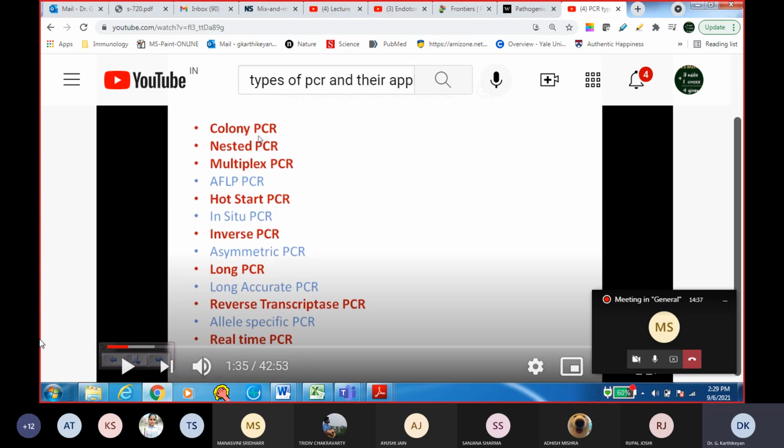By and large, these days, real-time PCR has become so pervasive. It is found everywhere, and everybody seems to be using it. When people generally say RT-PCR, it would be real-time PCR. But there are times when people would be talking about reverse transcriptase PCR, generally when you are dealing with RNA as a starting point.